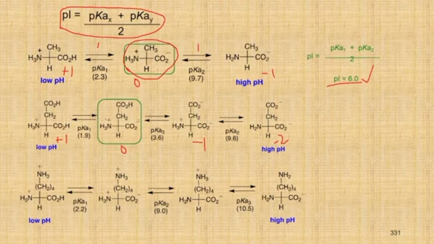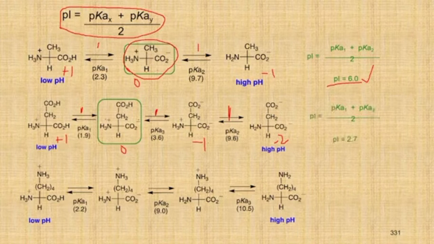So here we are in the second stage. In the second dissociation, we have identified our deuterium. Here is the pKa for the first carboxyl group that is dissociated. Here is the pKa for the second carboxyl group that is dissociated, and here is the pKa for the amine group.